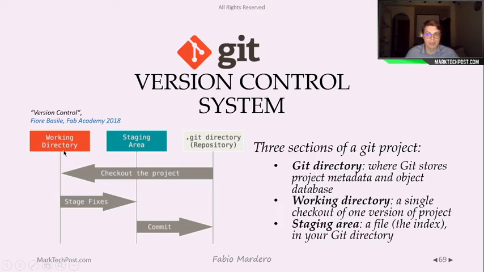We have the working directory, in which we have our project directory, basically, that can contain 100 files. But we care about only 50 of them, and we want to control the version of only those 50. So we move those 50 files to the staging area here.